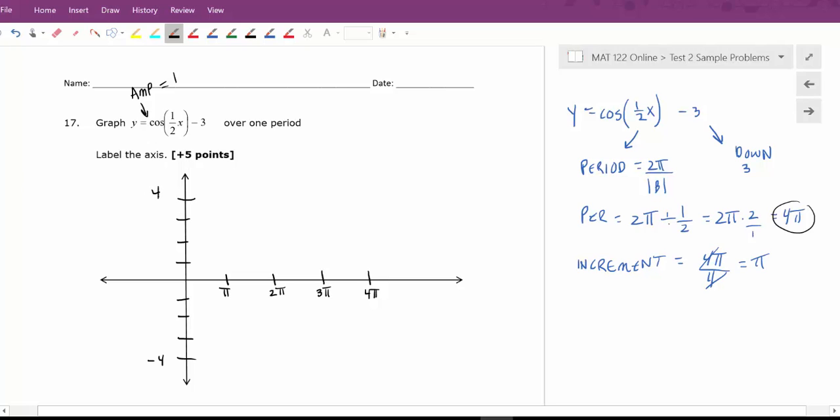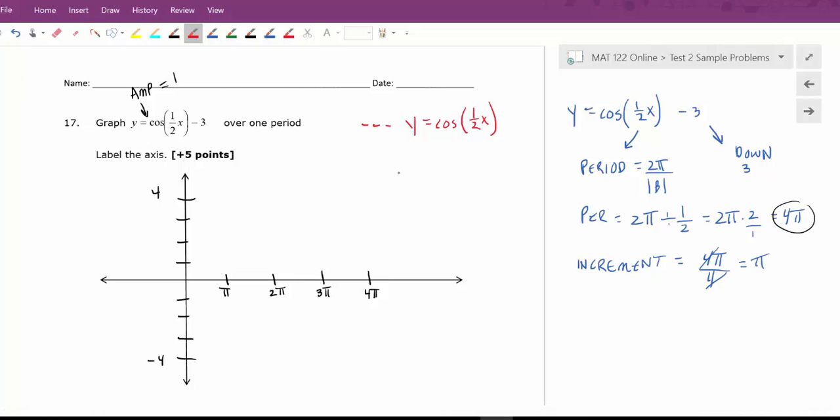All right, so I'm going to go ahead and just do this in 2 stages. You're not required to do this. But stage 1 is going to be just consider this part right here, and then we'll switch all those points down 3 like that.